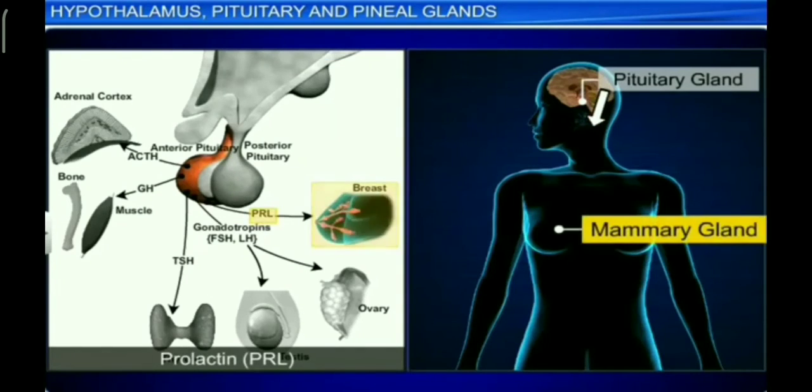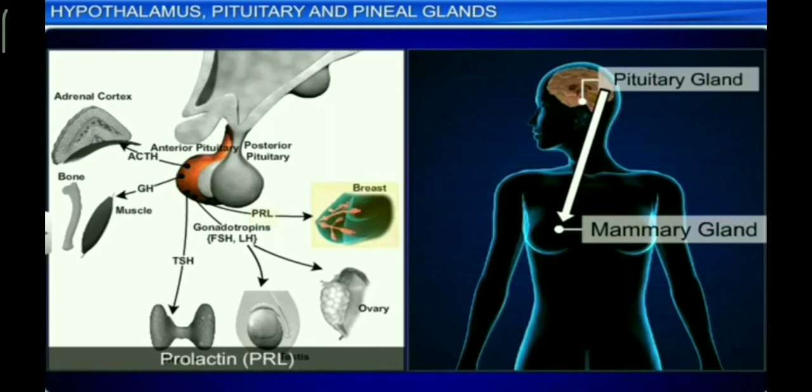Second hormone, prolactin or luteotropic or mammotropin. Prolactin is a unique hormone among the pituitary hormones as it is under predominant inhibitory control from hypothalamus. Prolactin activates growth of breasts during pregnancy.